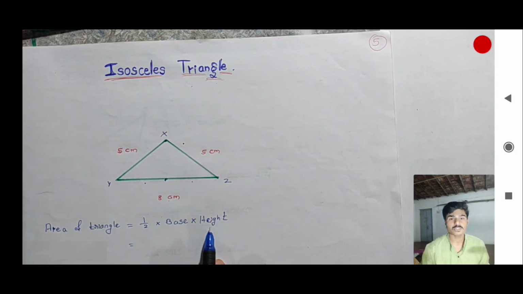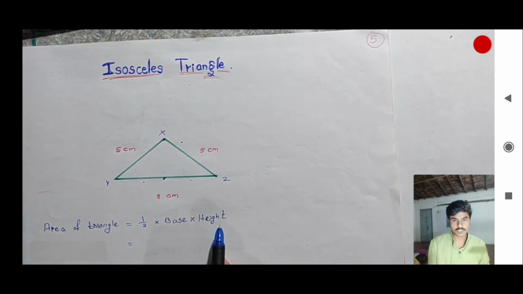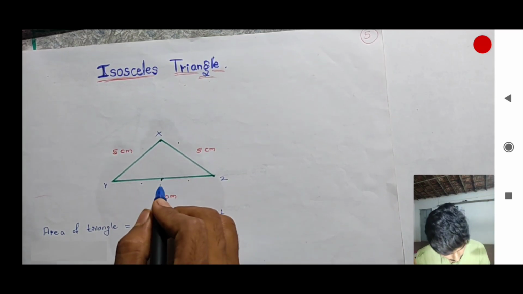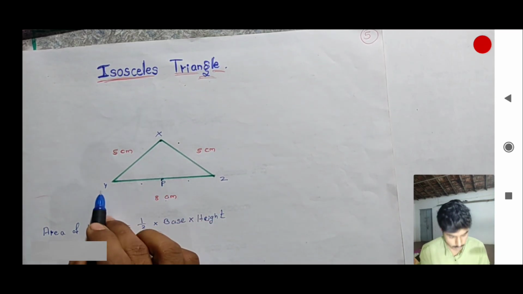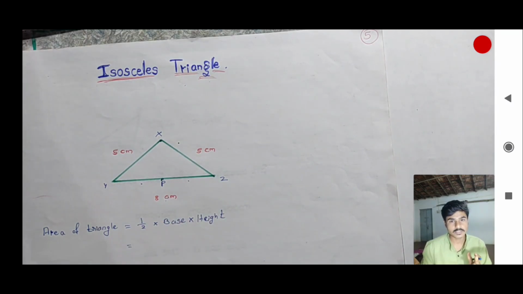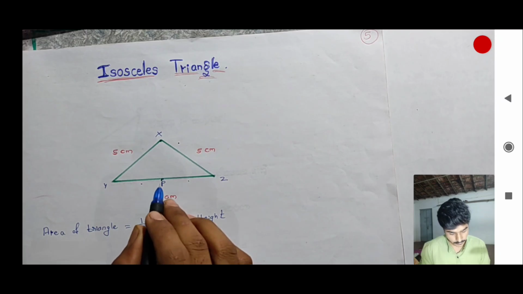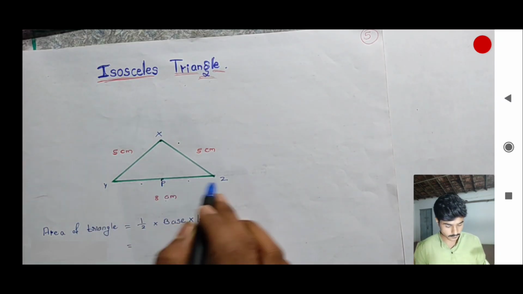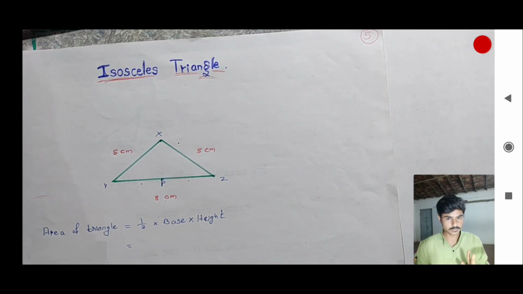Okay, so again we have half here, and we have base as 8 centimeter. Again we don't know the height here, so like in the equilateral triangle, here also we need to create the height. In order to create the height, I will take the midpoint P of YZ. This point P bisects the side YZ into two equal parts.